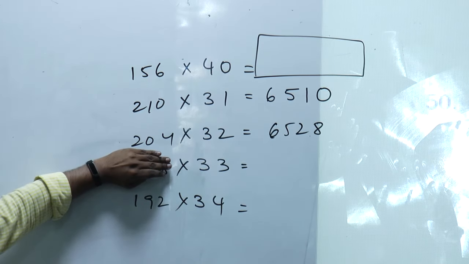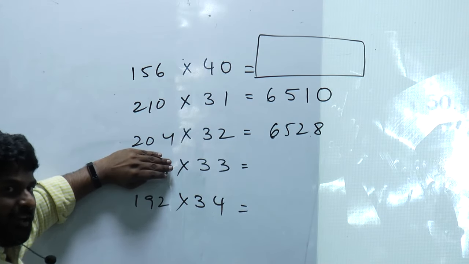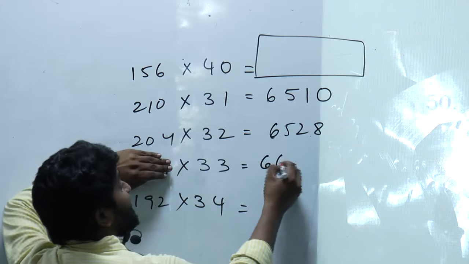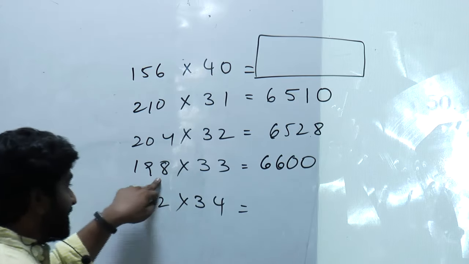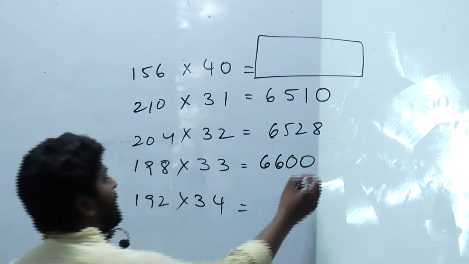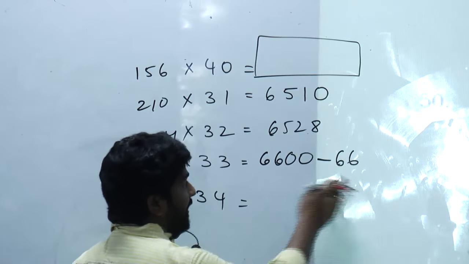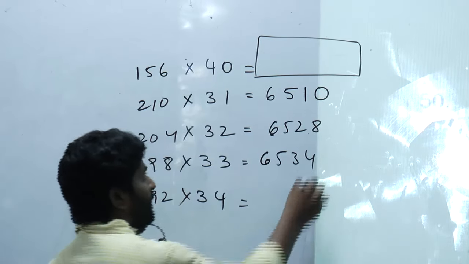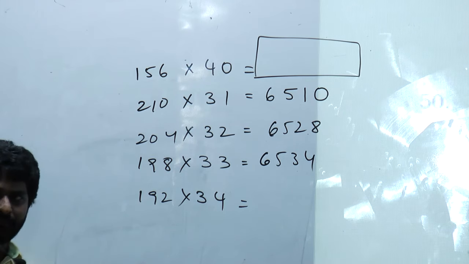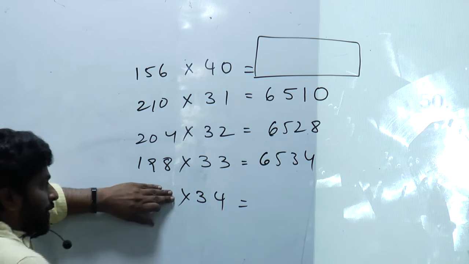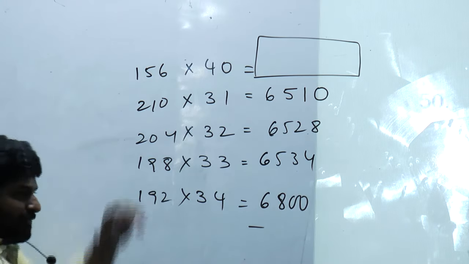For time being, treat it as 200 times 33. 200 times is 6600. If it is 200, the answer is this much only. But this is 2 less than 200 times. Minus 66. 6534. 200 times minus 8 times. 200 times of this number, 6800, minus 8 times of this.